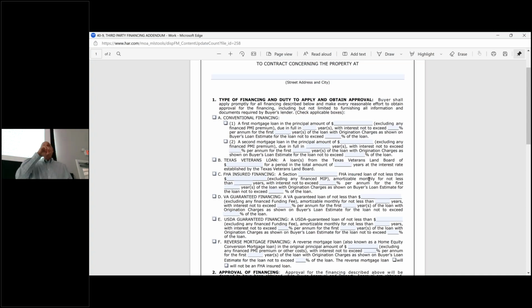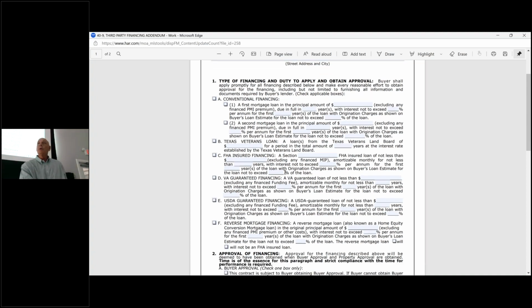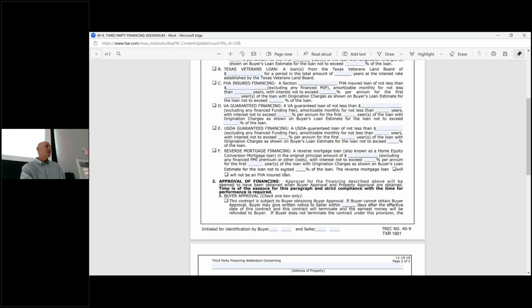So they may want to keep their options open. For example, they may think they only qualify for FHA, but they might be able to move a little bit of money around, or there might be a special conventional program, so they can check both conventional and FHA. That is perfectly acceptable. Any options they want to explore, you can check as many as you want.